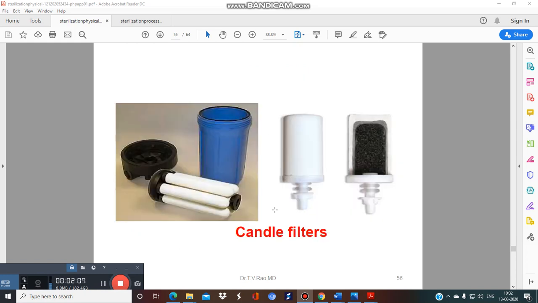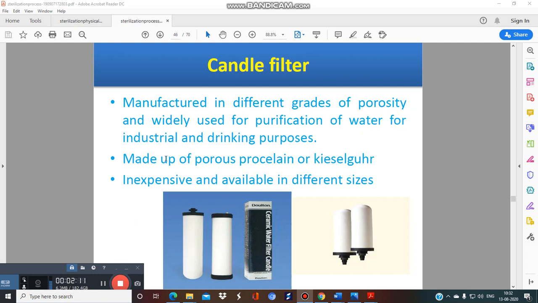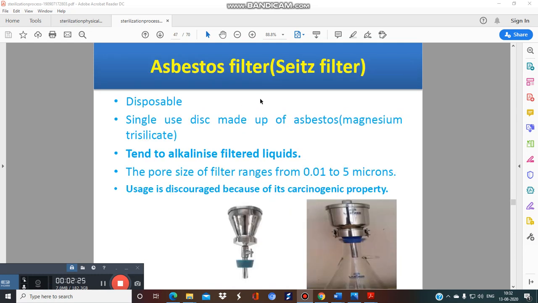This is a photograph of the candle filters. They are made up of porous porcelain, or kieselguhr material. They are widely used as household filters, for the purification of water, as well as in industry. This is the asbestos filter, made of magnesium trisilicate.